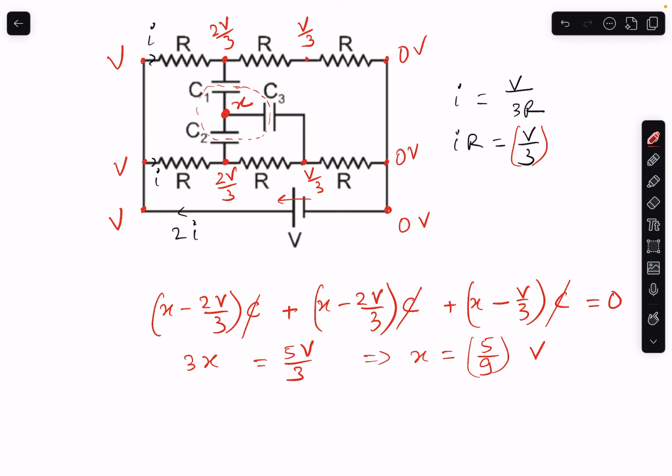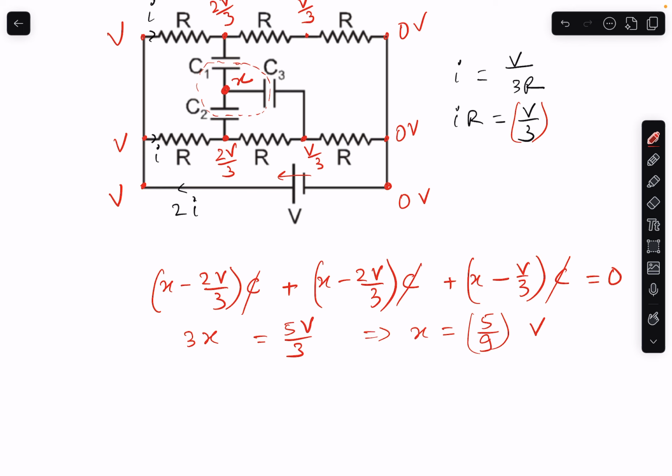So the potential difference across C3 will be X minus V by 3. So potential difference across the third capacitor will be nothing but X minus V by 3, and X we have calculated.